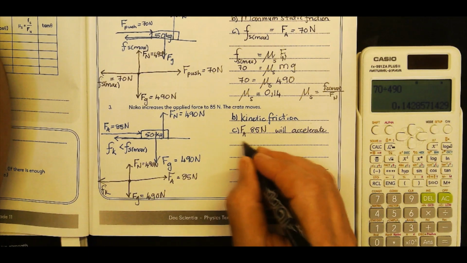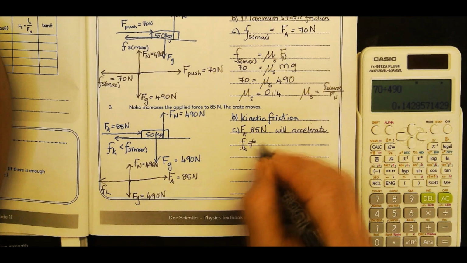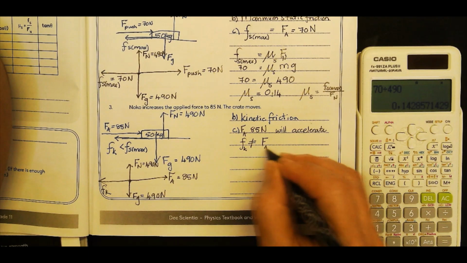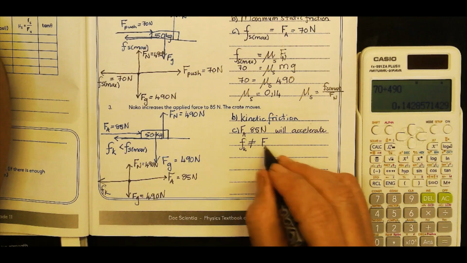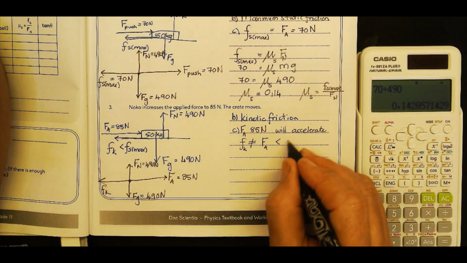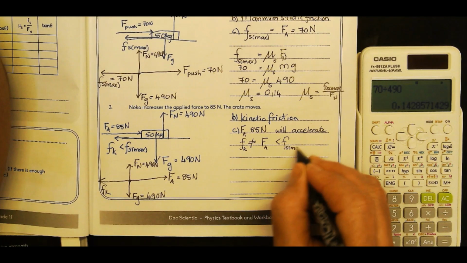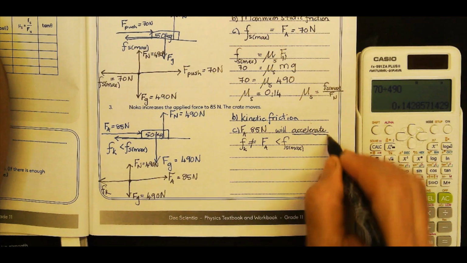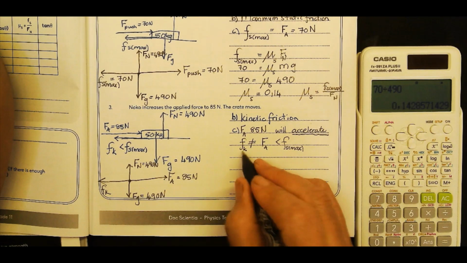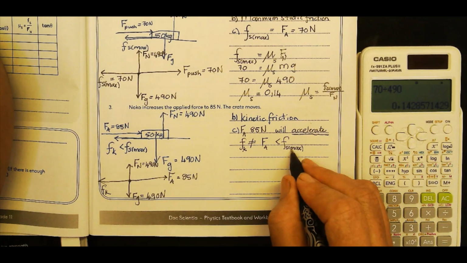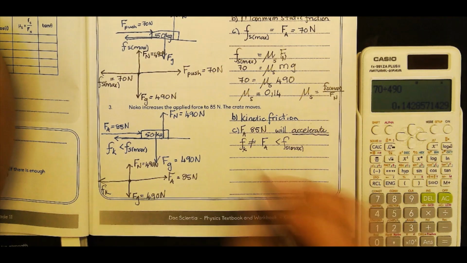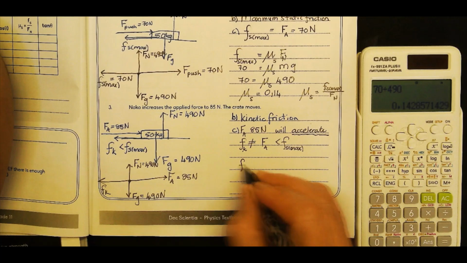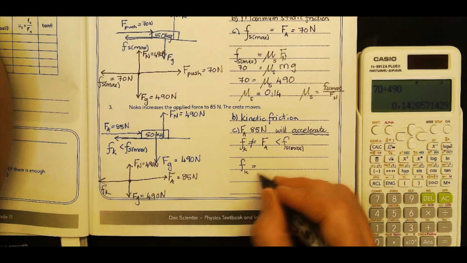So a way to calculate the Fk: we can't say that Fk will be equal to Fa, because Fa must be less than the Fs max. It's not allowed to accelerate the crate. So this Fk must be less than the 70 Newton force, and we don't have enough information to calculate Fk, but there is an expression that we can write down.